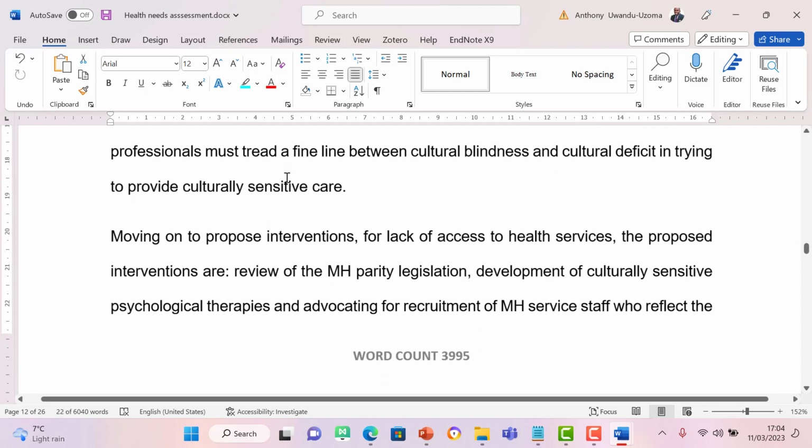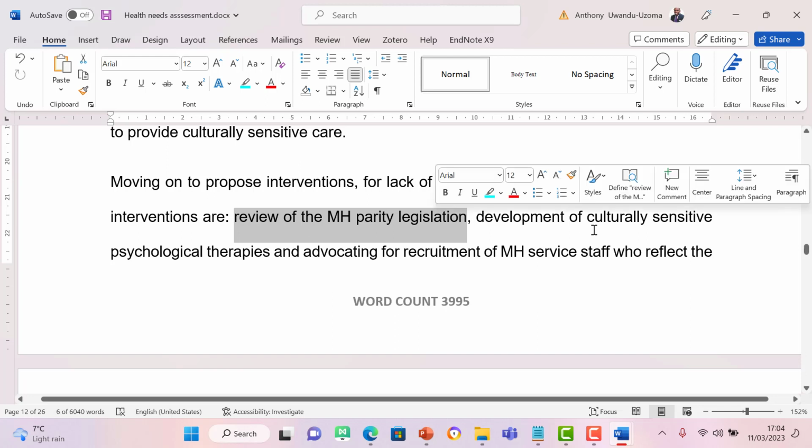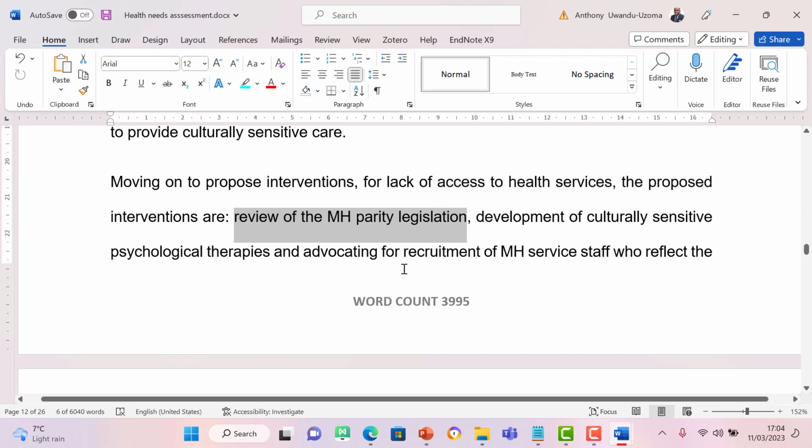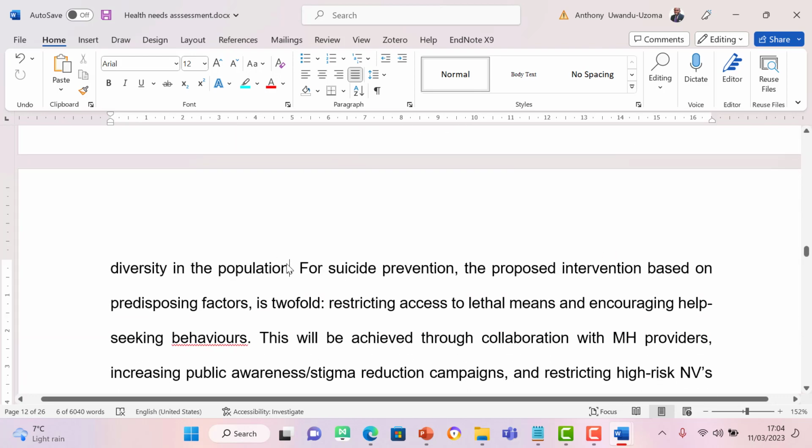Okay. So now, what are the interventions that you are proposing? Here, the author is proposing a review of the mental health parity legislation and development of culturally sensitive psychological therapies, and then advocating for recruitment of mental health service staff who reflect the diversity of the population.